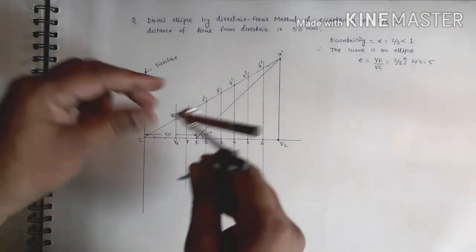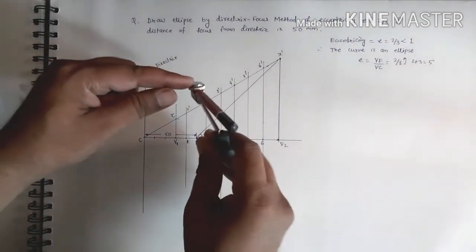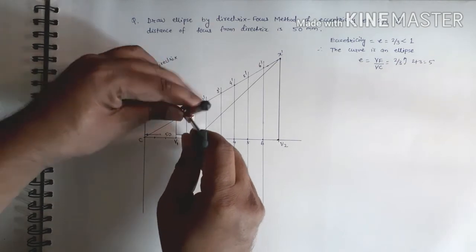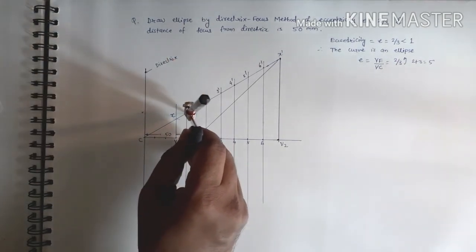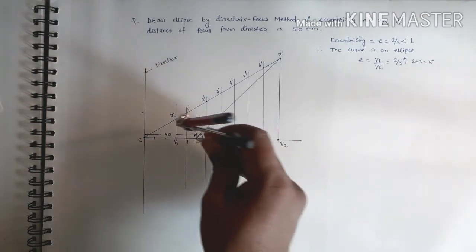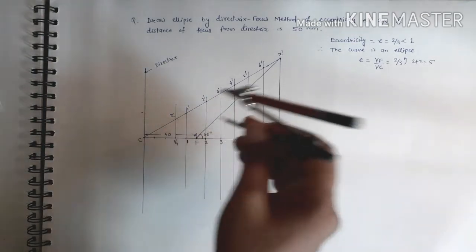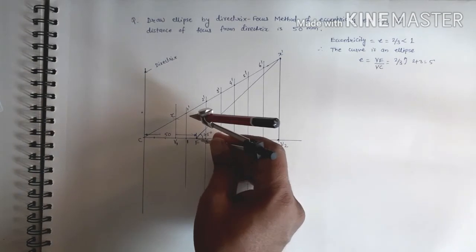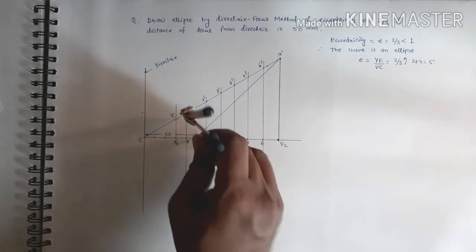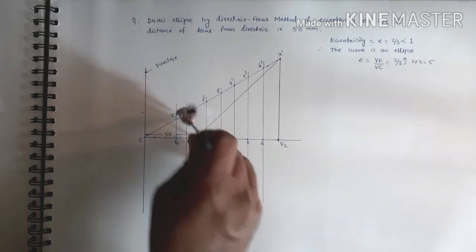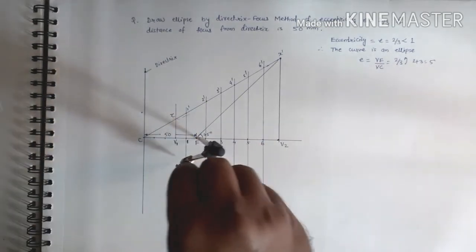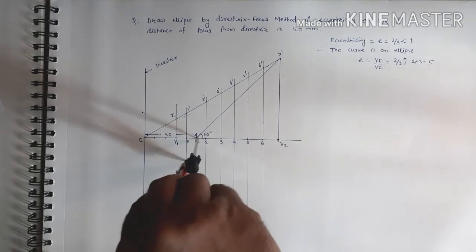Now take the distance 1 1 dash in compass, put it at point F, and mark on the top side and bottom side on the same line.